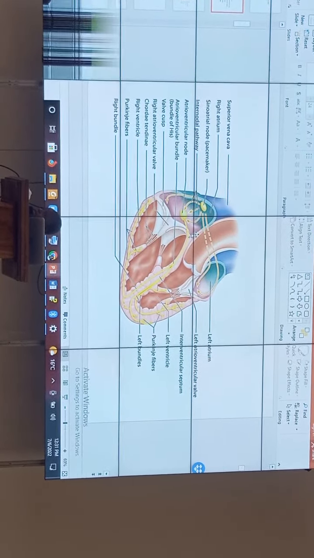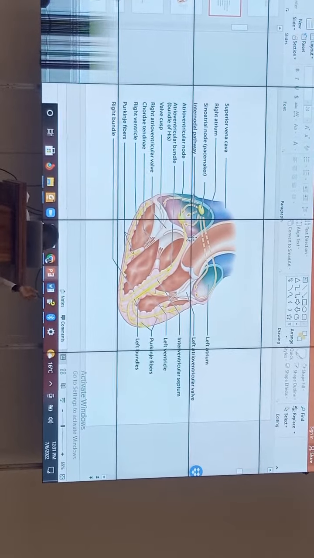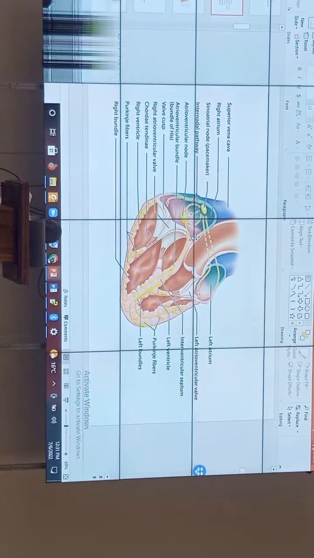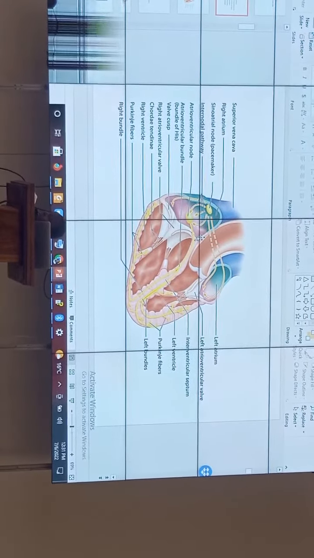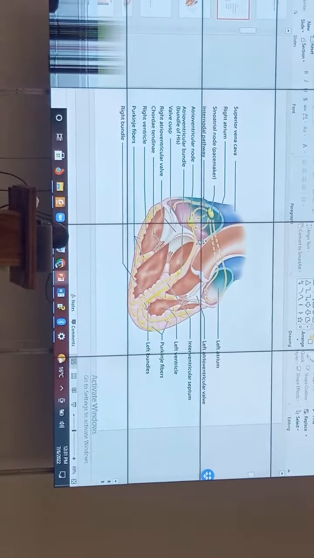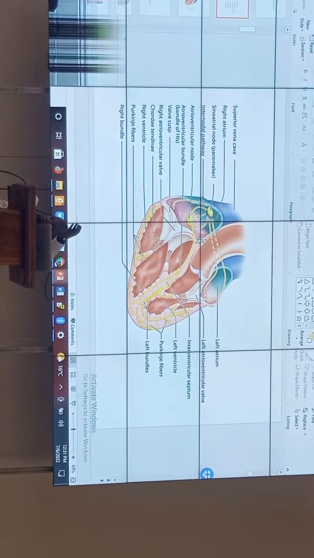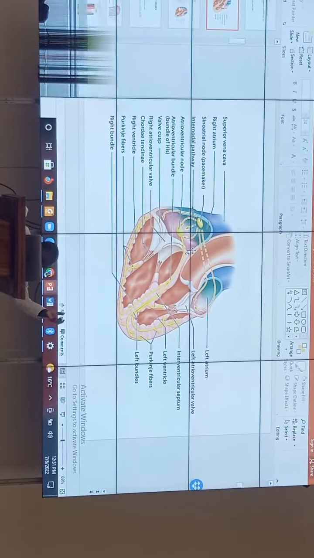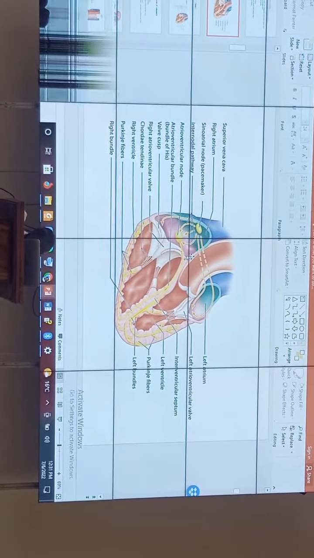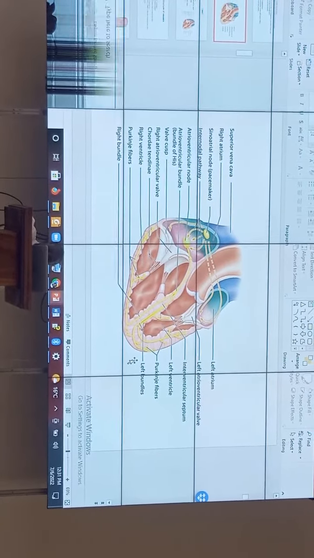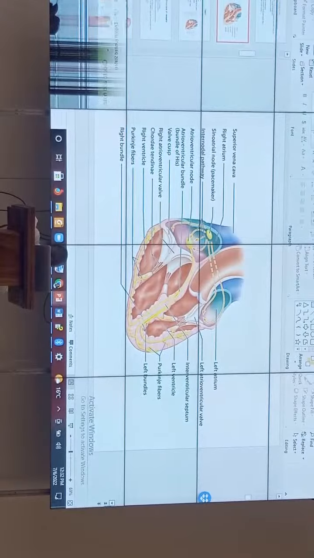Are you getting the point? So atria must contract earlier than the ventricles because they are receiving the impulses earlier. And that is there to enable passage of blood from the atria to the ventricles. We are together? So that is the conductive system of the heart.